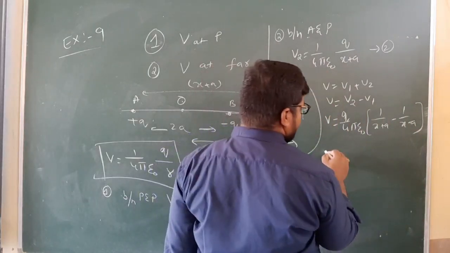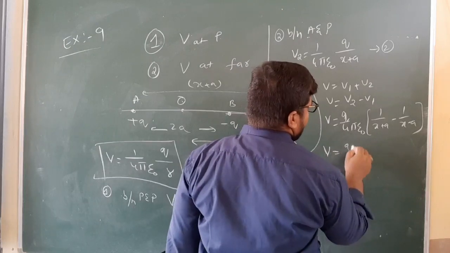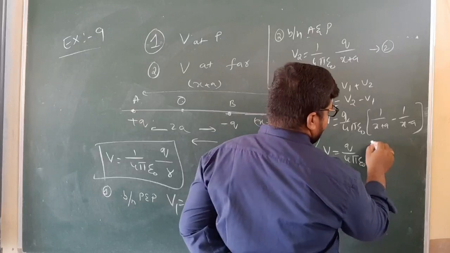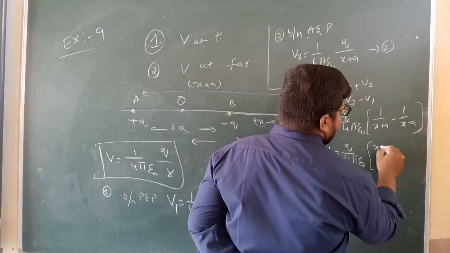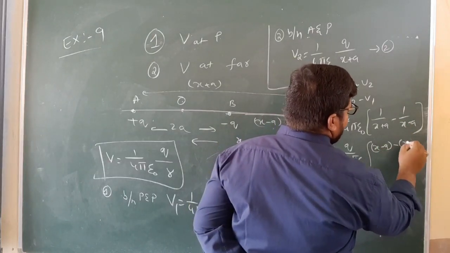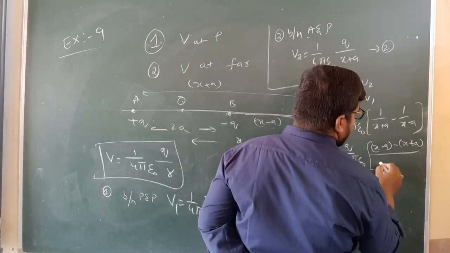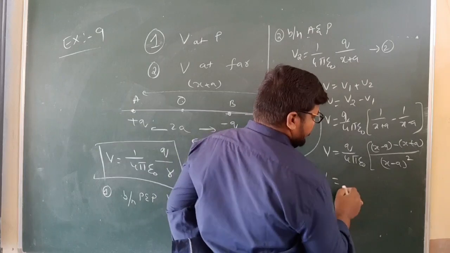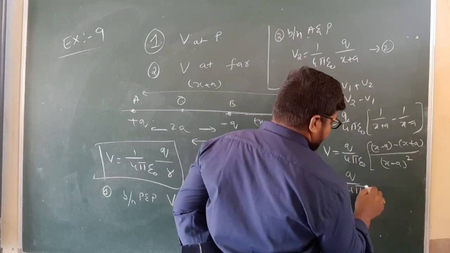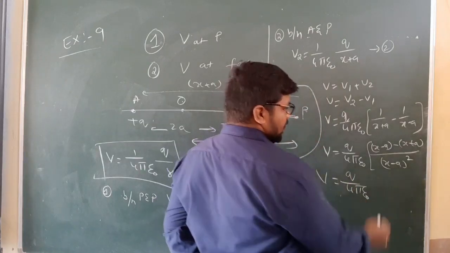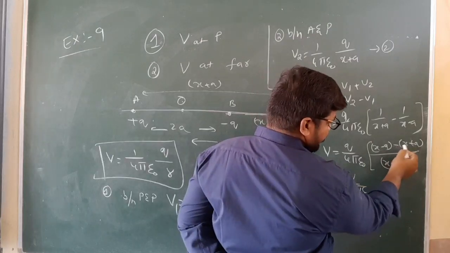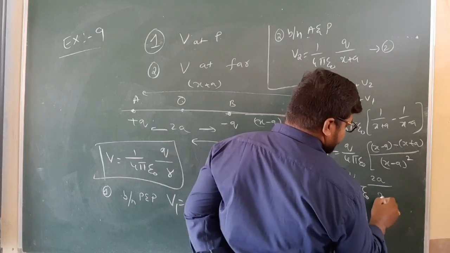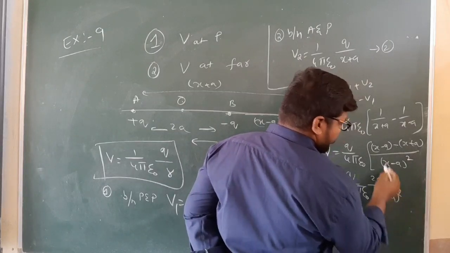Rearranging this, we get Q by 4 pi epsilon naught times x minus A minus x plus A divided by x squared minus A squared. Here x minus x gets cancelled, and we get 2A by x squared minus A squared.